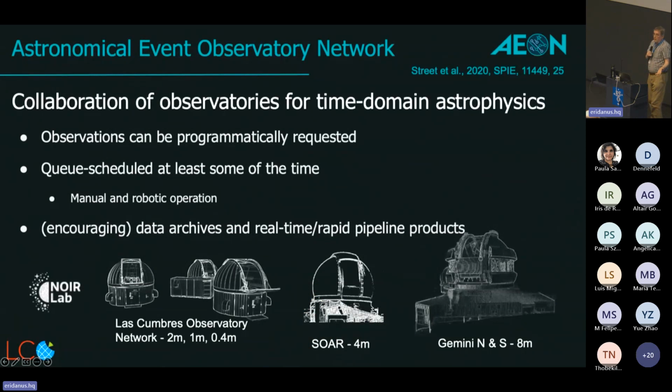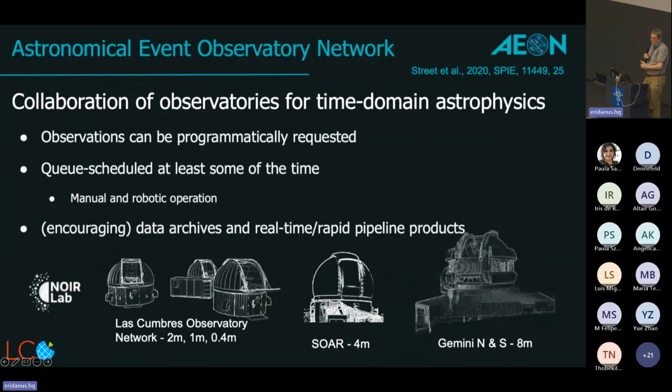So one of the things that we might want to be using the TOM systems to do the follow-up with is this thing called AEON, which you heard a little bit about yesterday. So this is a collaboration of observatories for doing time domain astrophysics. And the idea is that observations can be programmatically requested. The observatories need to be queue scheduled at least some of the time, but we don't require fully robotic or fully queue.